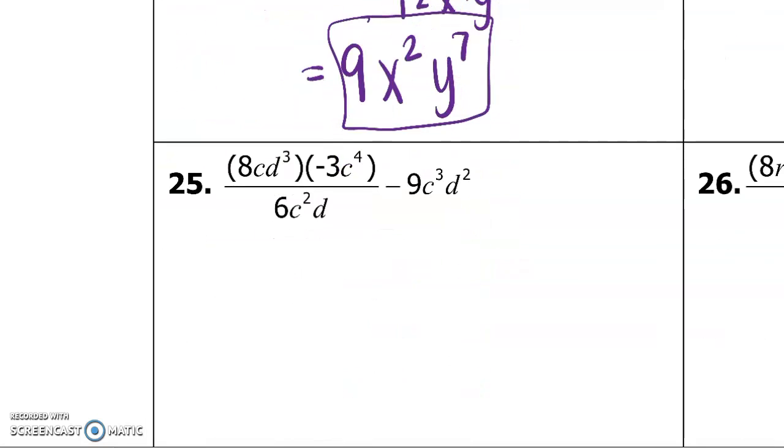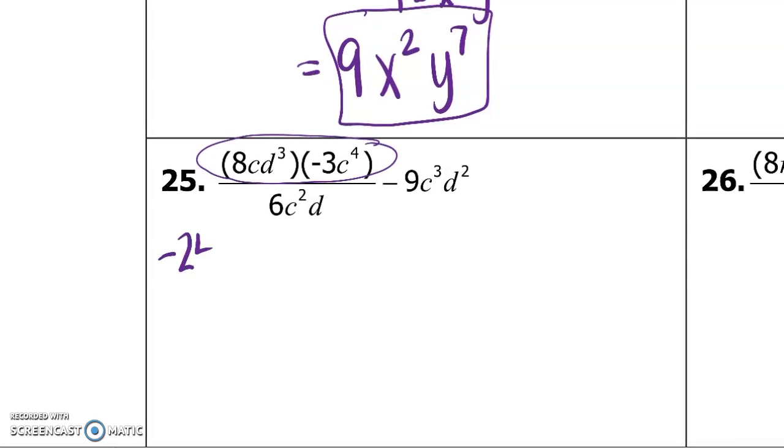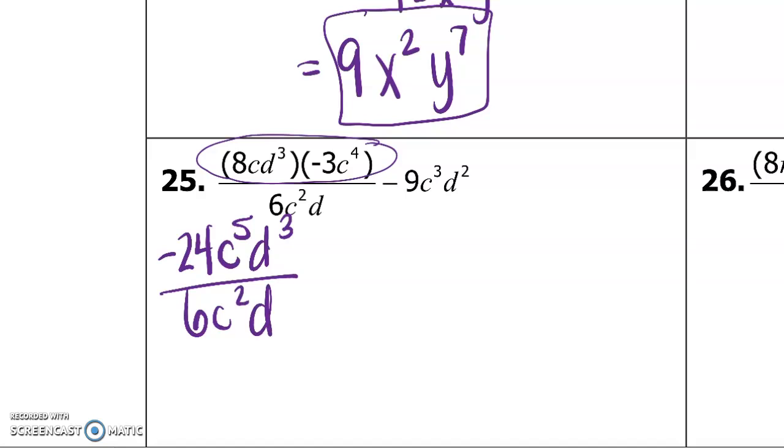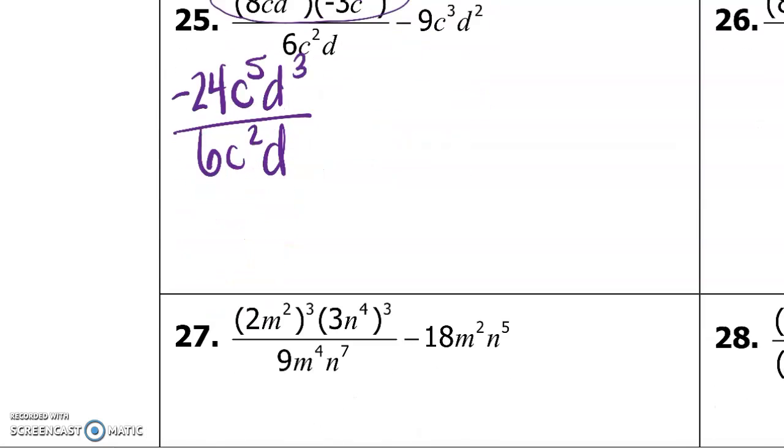25 looks really scary, but again, one thing at a time. So we need to deal with this multiplication first. Negative 24, c to the 5th, d to the 3rd, over 6c squared d. I'm not even going to bring that other part down yet. Since it's subtraction, you need to get this first part into one term.